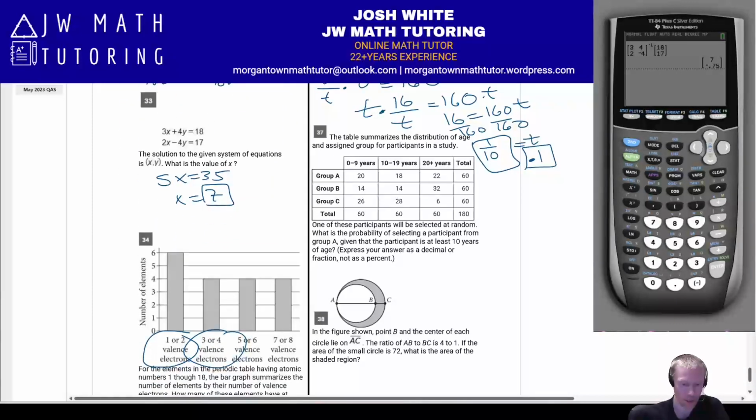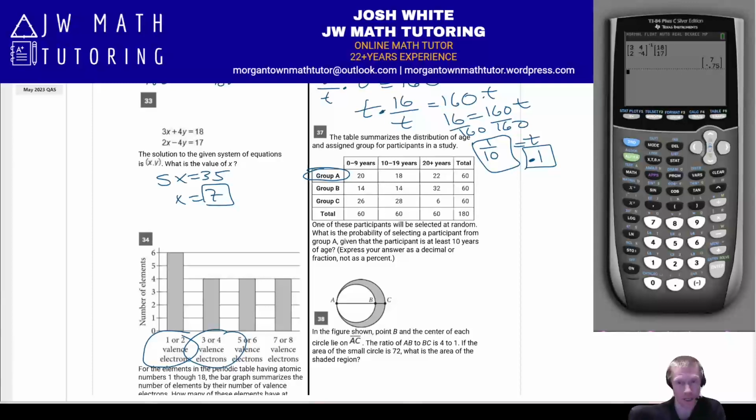Now for 37 below it, where you have this table of different groups split up by different age categories. So here it wants to know, what's the probability of selecting someone from group A, given, so this is technically a conditional probability, that the participant is at least 10 years of age.